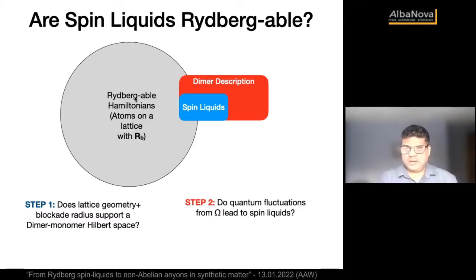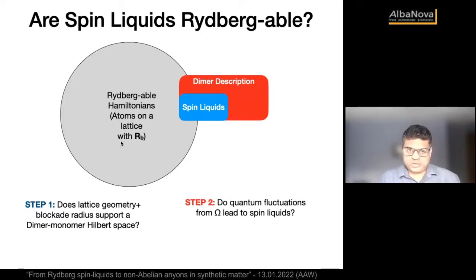So one of the major advantages of this system is that you can choose your lattice. You don't have to appeal to chemistry or solid state crystallography to get a particular lattice. You engineer the lattice by putting down your optical tweezers at certain positions in the plane.